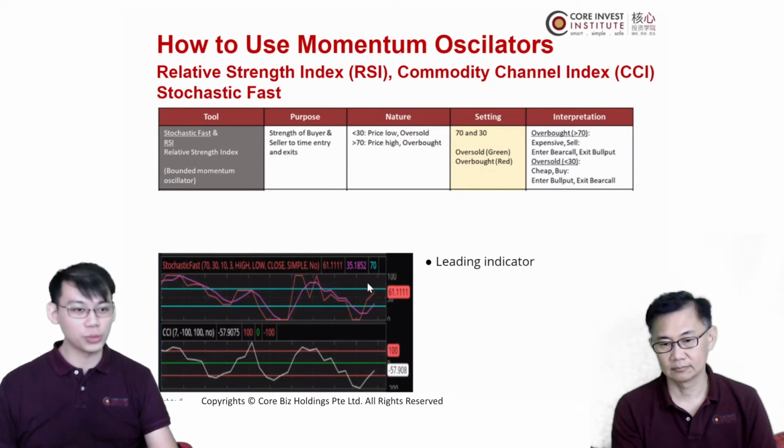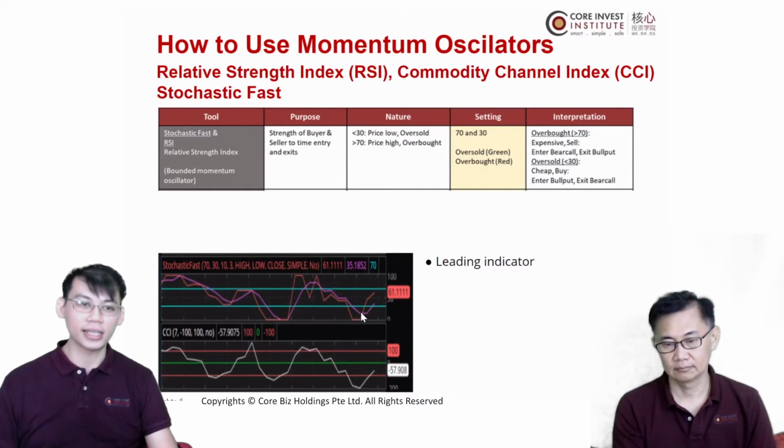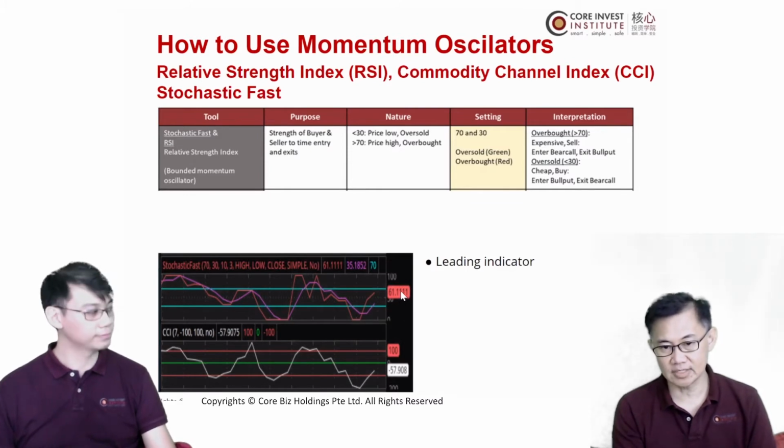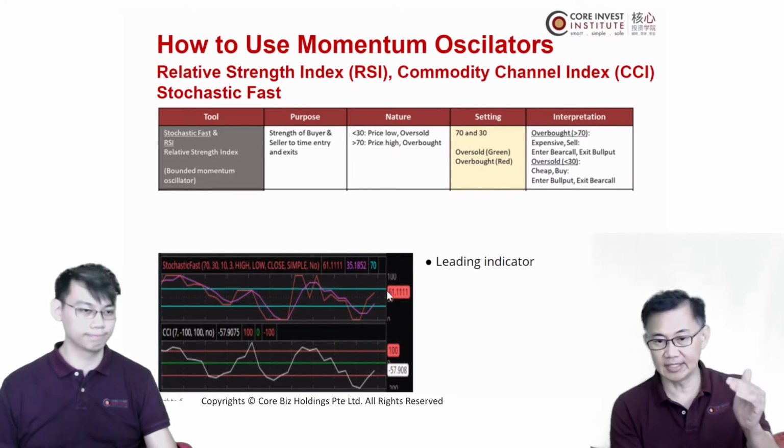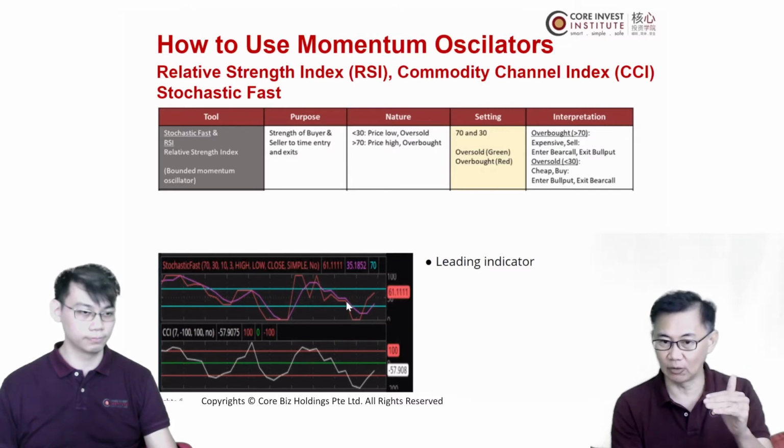Whatever goes up will come down, whatever goes down will come up. So if we see the oscillators, for example the stochastics or the CCI, trending down, it means that the prices are also getting cheaper.